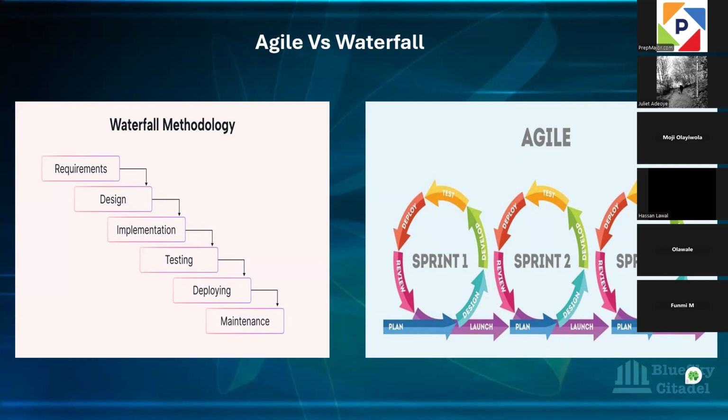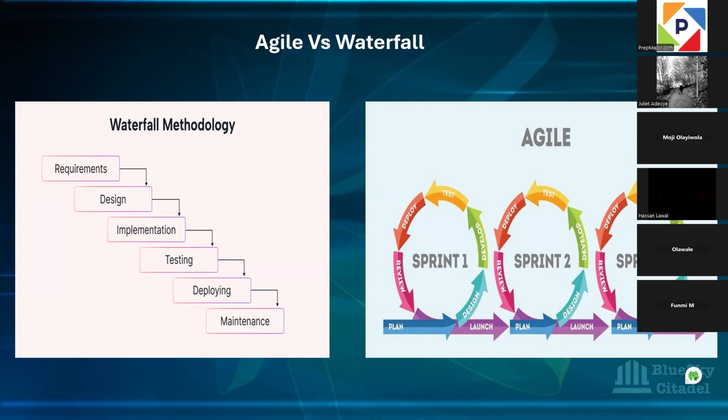Imagine if the whole house has been completed, painted, features put in, and the electrical engineer comes in and says, oh, the wiring is wrong here, it's not in line with the regulations. We're talking about breaking the wall. If those wires have gone behind the walls, destroying the features is going to cost money, because all those things were completed before the testing stage came about. And then you're looking at deployment.